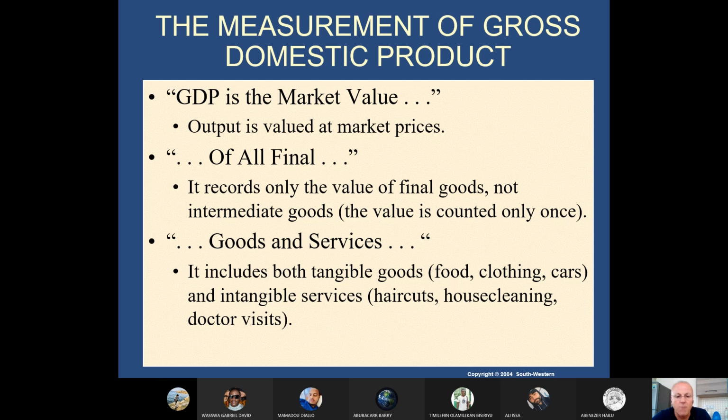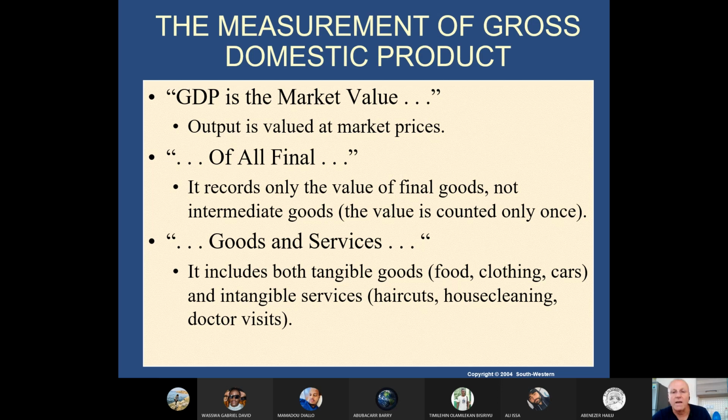The output is valued at the market price, and you are not going to calculate this output with the former years. And all the output estimated for the GDP is determined regarding its final product estimation.